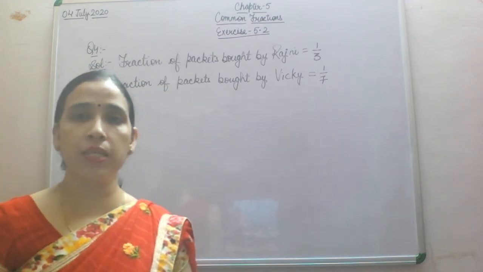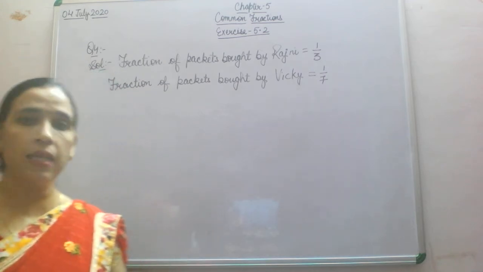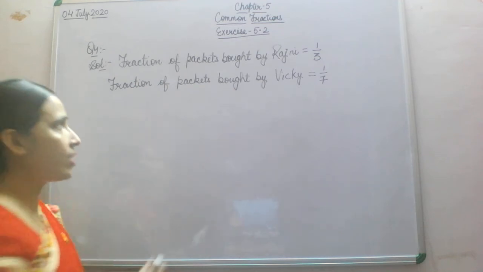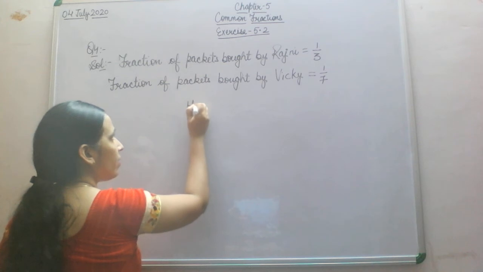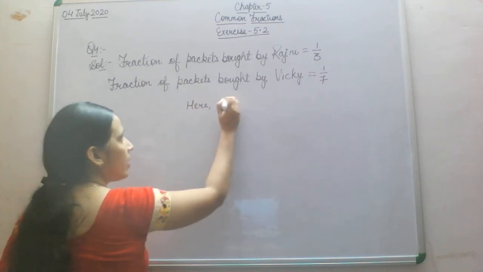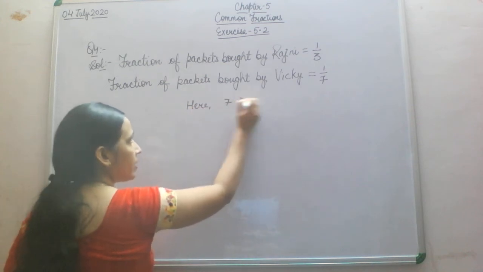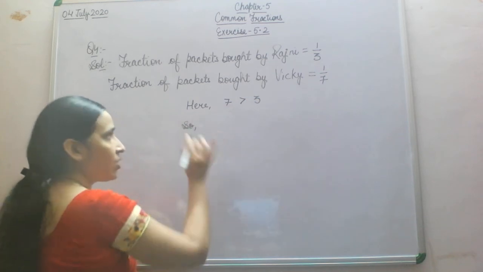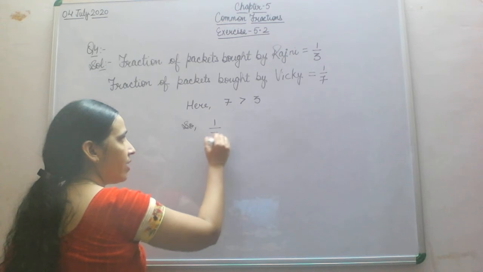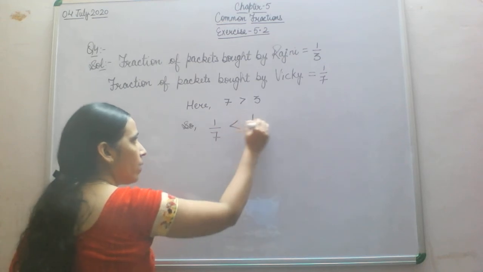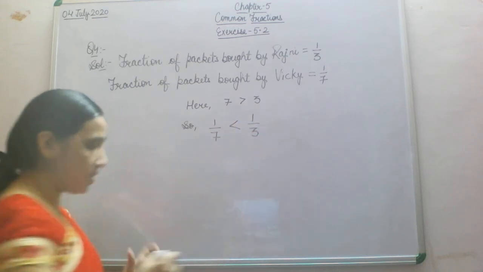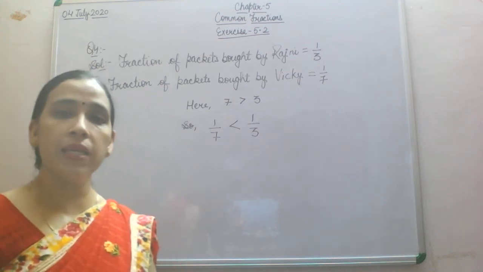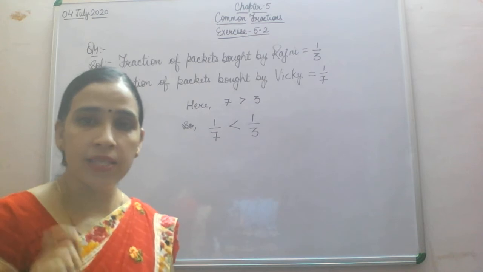Obviously, the lesser the denominator, the greater the fraction. Now you will write here, 7 is greater than 3. So which fraction is smaller? 1/7 is smaller than 1/3. Or if I say which fraction is greater, then 1/3 is greater than 1/7.